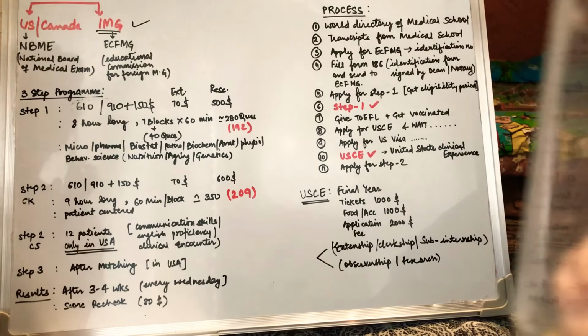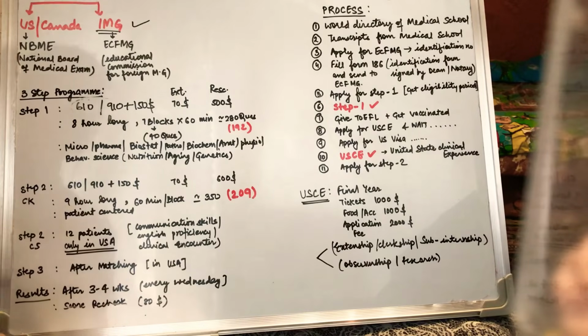You should check whether your college, university or school is eligible for giving USMLE. There are certain universities all over the world that are prohibited from giving this examination. So if you are thinking to give USMLE, first of all check the name of your university in the World Directory of Medical Schools. All the links that are required, I'll put in the description box below. So make sure you go and check that.